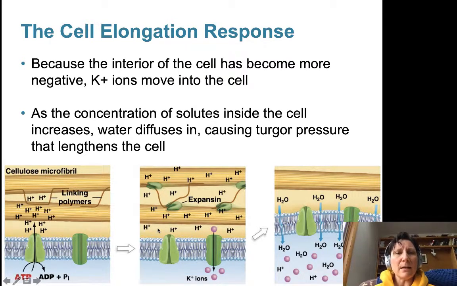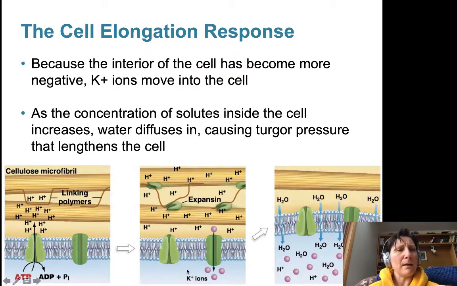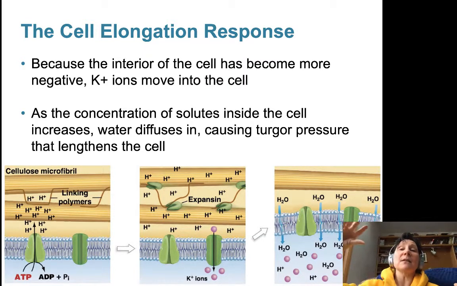Now, because the interior of the cell has become more negative, because remember those protons got pumped out, that's going to lead to potassium ions moving into the cell. That's what you see going on here. As the concentration of solutes inside the cell increases, water is going to diffuse in through the plasma membrane, and it's going to cause turgor pressure, and it's that turgor pressure that causes the cells to elongate, okay?